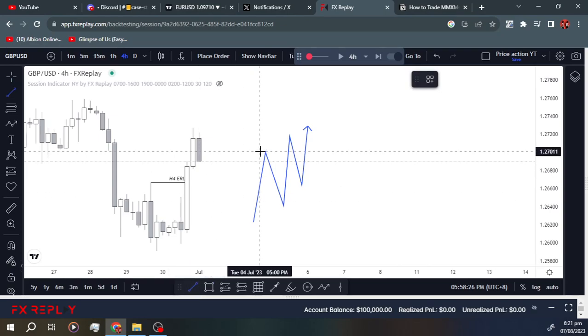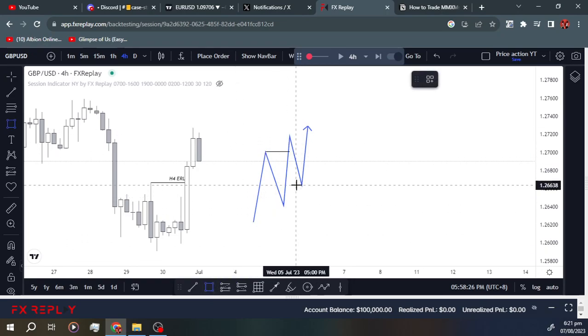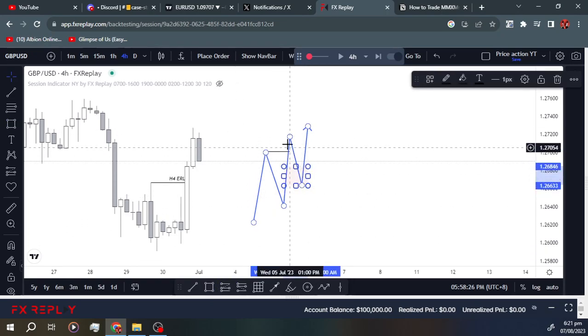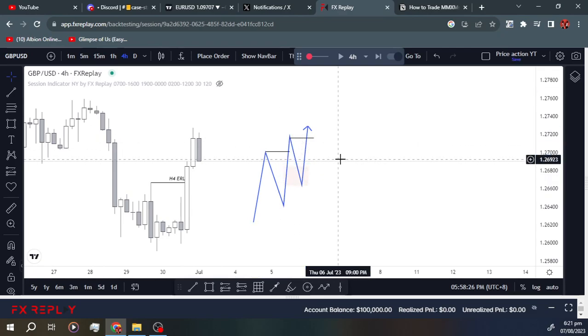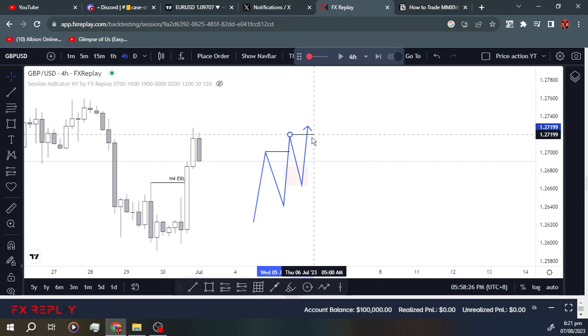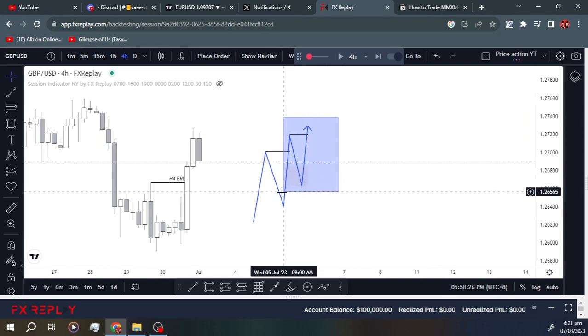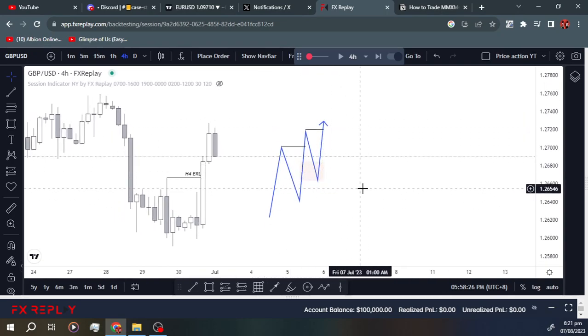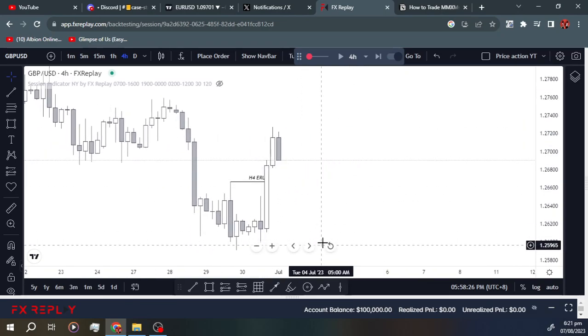So it hits an external range liquidity, retraces to, let's say, a fair value gap, then takes out another external range. It kind of looks like market structure, but this is an institutional market structure, not the one where you say higher highs and higher lows. We're talking about a different market structure here.